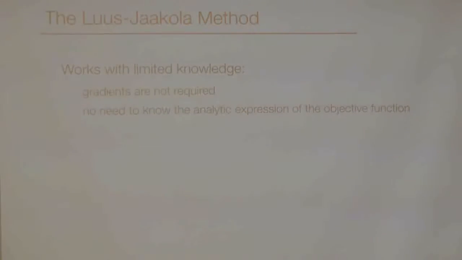We don't need to know how the function looks. And now to the convergence: it can be shown that for twice continuously differentiable functions, this method is guaranteed to terminate. However, the worst case termination is exponential in the number of variables.